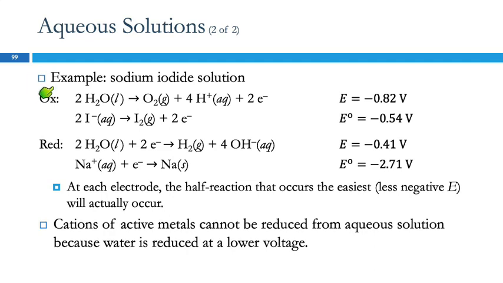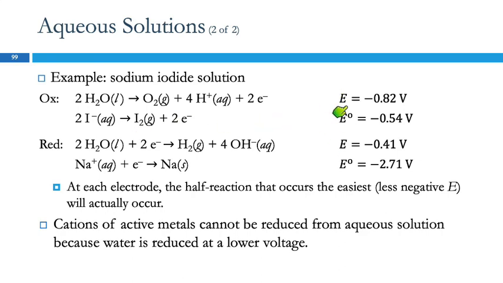So if we have a sodium iodide solution, we have two possibilities for the oxidation. We could have water being oxidized to produce oxygen, and iodide being oxidized to produce iodine. So we have to look at those potentials.